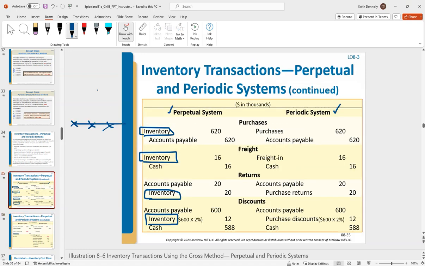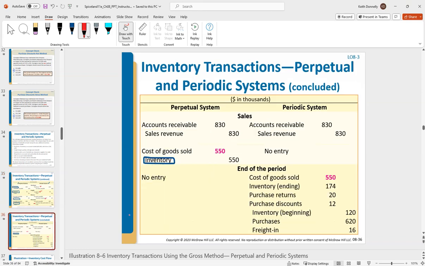With the periodic system, essentially throughout the period we hit a lot of temporary accounts. At the end, we do a physical count of our ending inventory and then use that to get our cost of goods sold. So here we've got a temporary account when we buy it, a temporary account for the freight in, a temporary account for the purchase returns, all these over here.